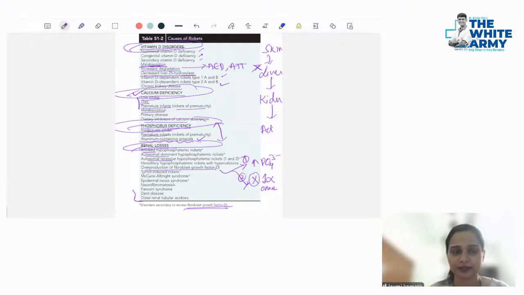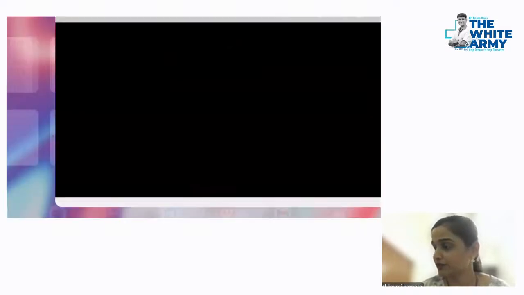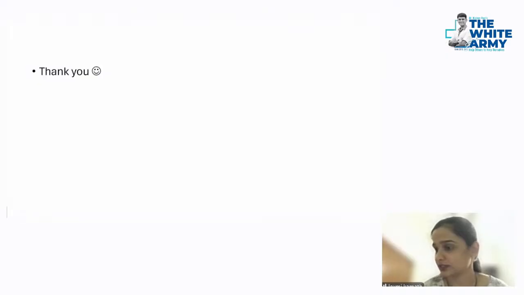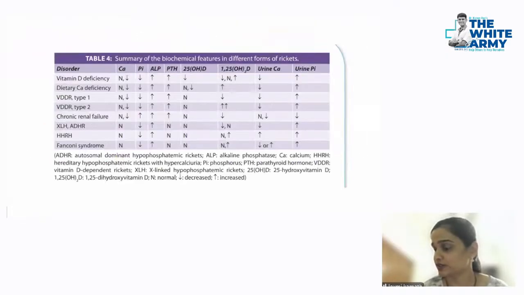For vitamin D, you say reduced intake, reduced absorption, or increased breakdown. Calcium also reduced intake, reduced absorption. Phosphorus also reduced intake, reduced absorption. Renal losses are either FGF23 dependent or FGF23 independent. FGF23 independent are all tubular dysfunction.